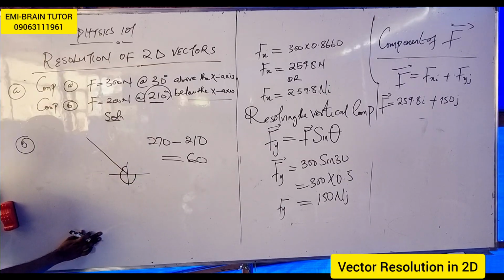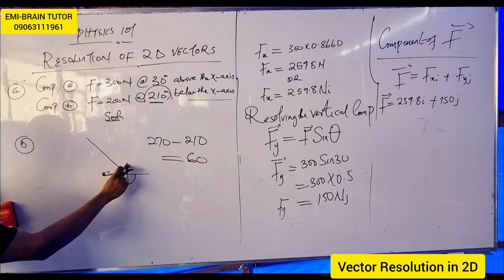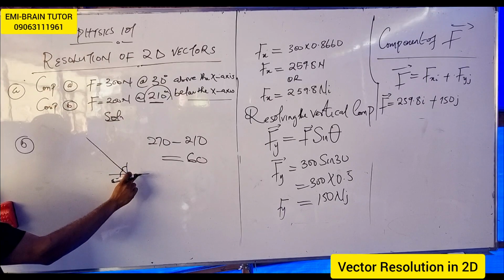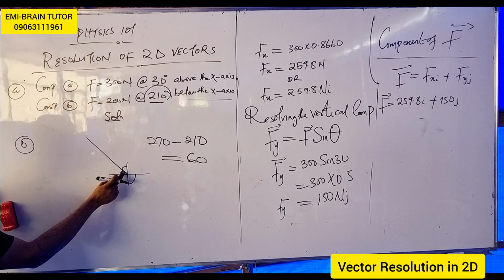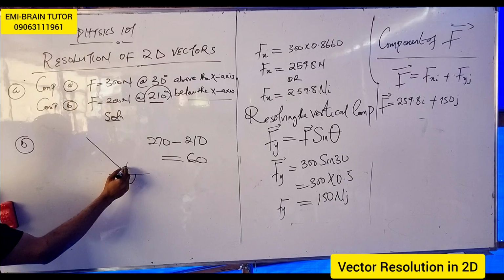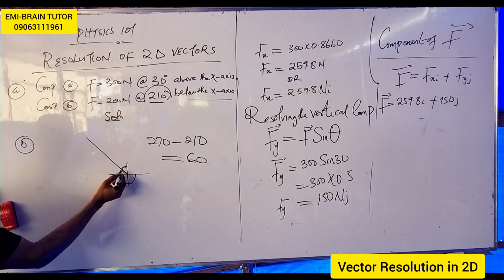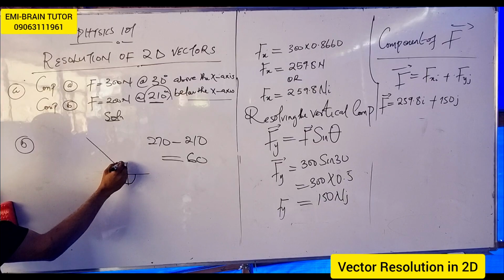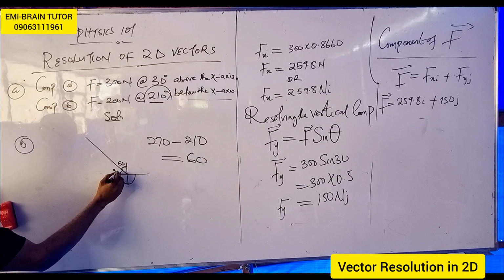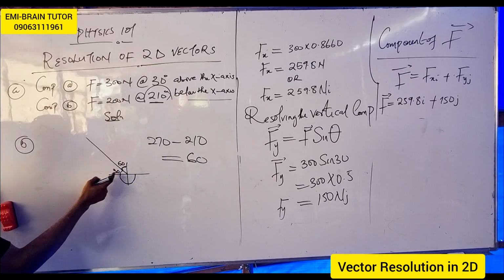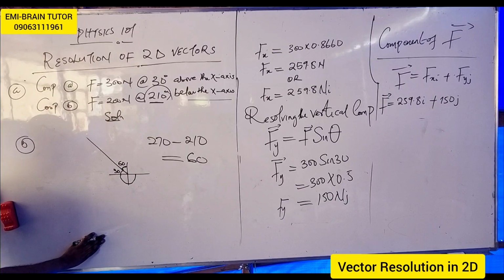From here to here is 270, minus 210. Here is 270, Abi. I'm now subtracting 210 from 270. What will remain? Here is 60 now. That means there is 30 degrees, because 30 plus 60 is 90. Are you getting the concept now?